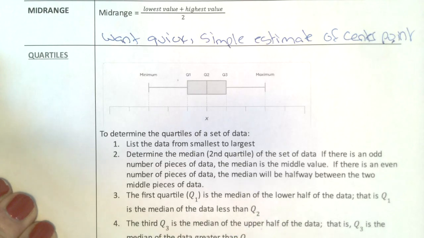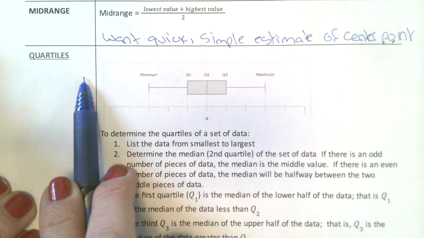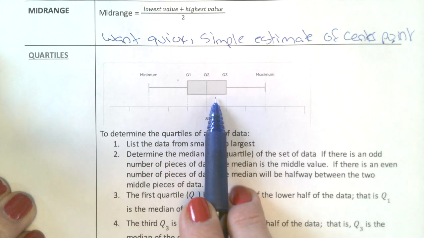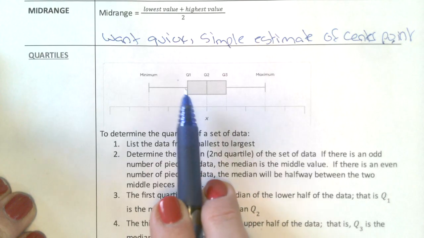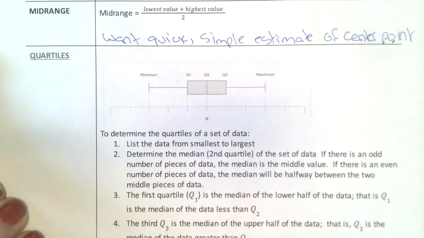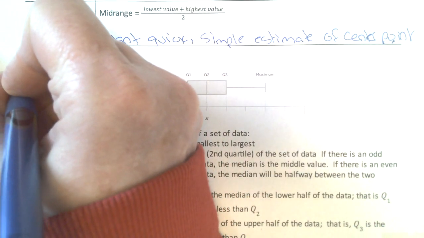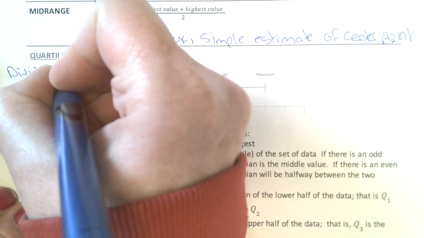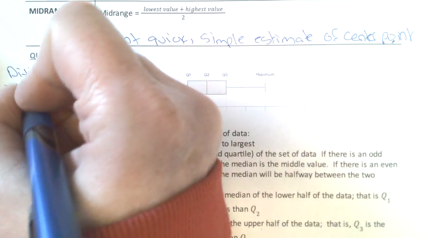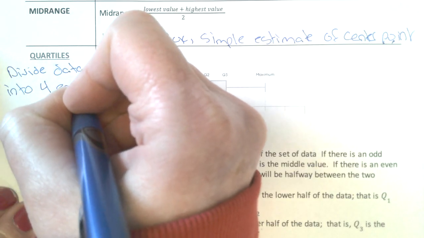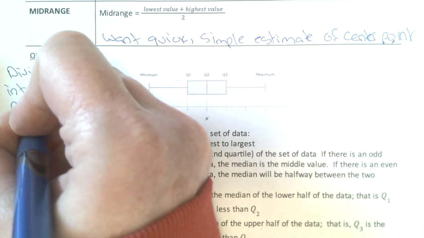So on this one, we are going to take a bunch of data and I think this is called a box and whiskers plot, from what I recall. And we are going to separate them into quartiles. And so quartiles will divide the data into 4 equal parts.